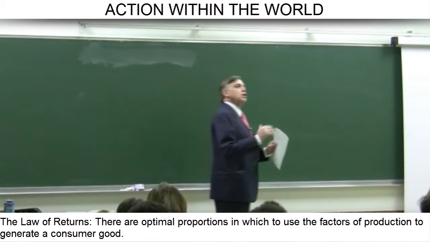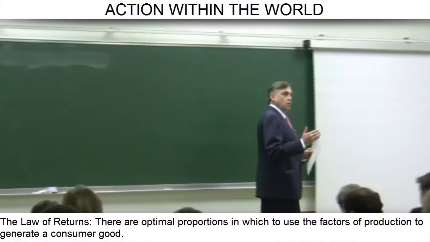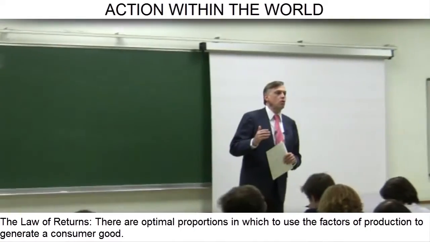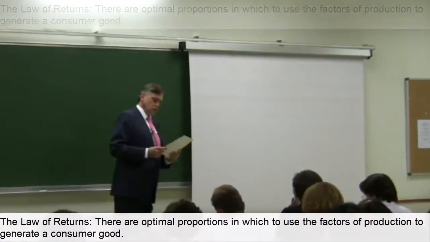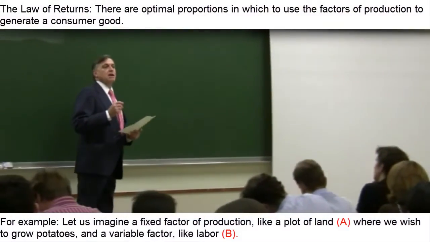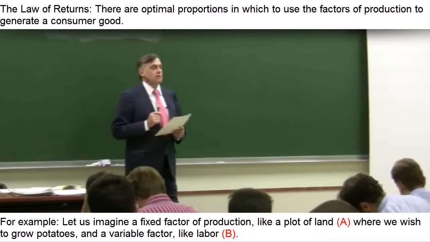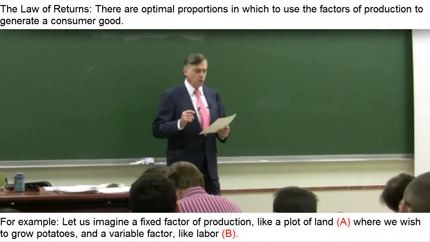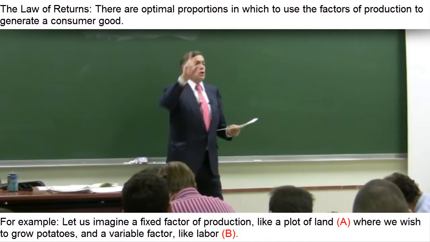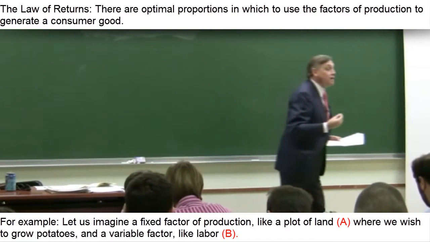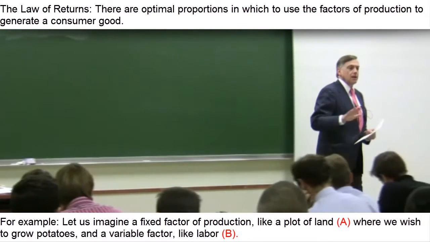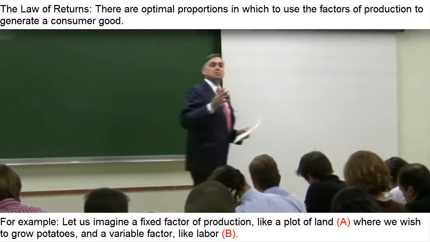Since the law tells us there are optimal combinations of productive factors for producing a consumer good, we will suppose there are two factors of production. We'll call one factor of production A, and we'll call the other factor of production B. We'll limit ourselves to two factors to keep the explanation simple.